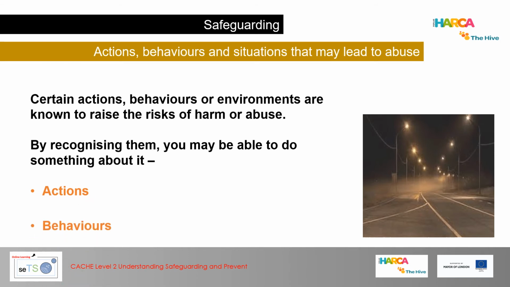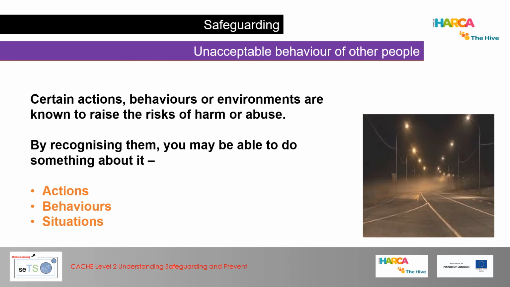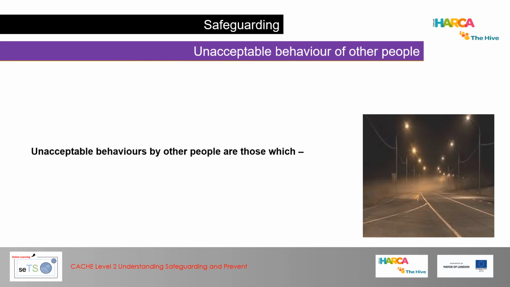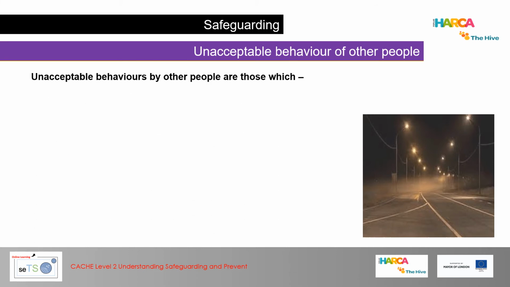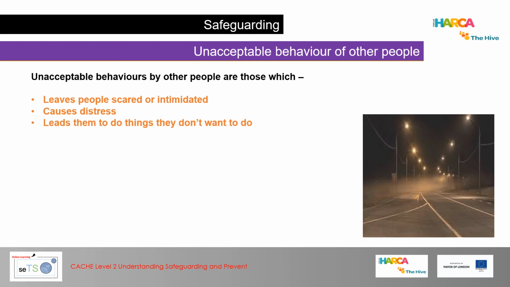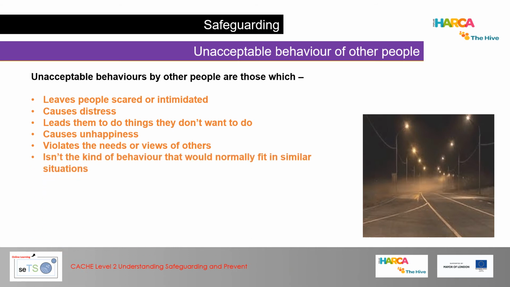Knowing the actions, the behaviours, the situations and unacceptable behaviour of other people, of those which leaves people scared or intimidated, causes distress, leads them to do things they don't want to do, causes unhappiness, violates the needs or views of others, isn't the kind of behaviour that would normally fit in similar situations.